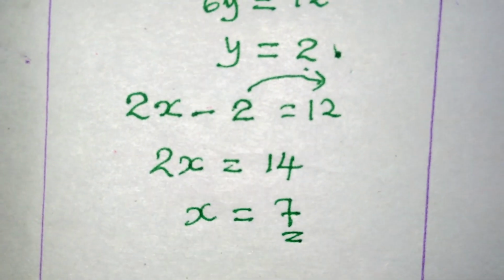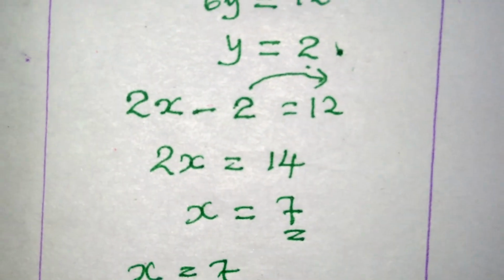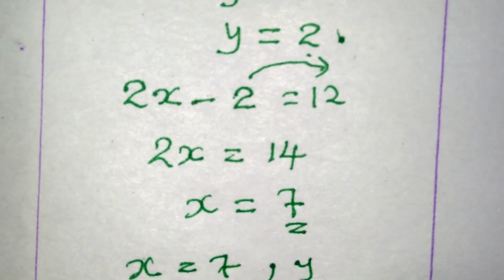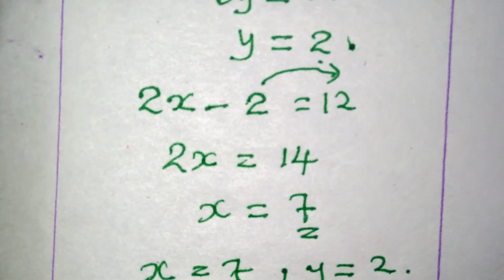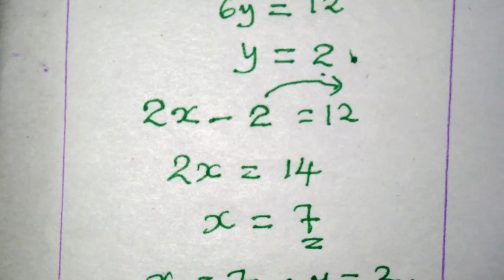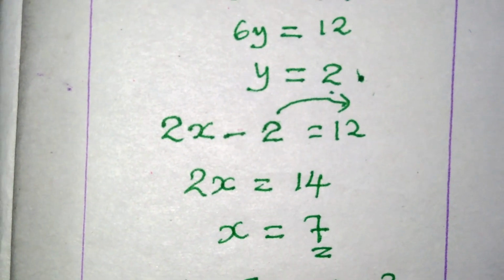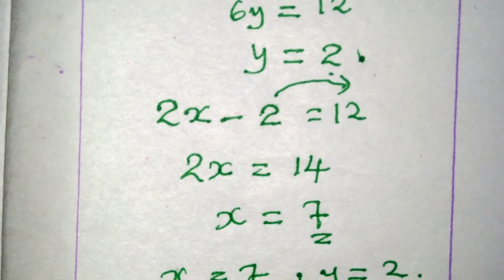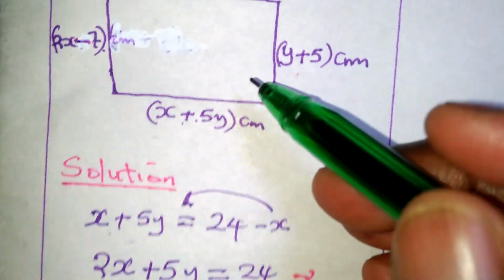Now since we have the values of x and y, x is equal to 7 and y is equal to 2, we can now get the sides of our rectangle. And that we do by taking these values back to our rectangle.